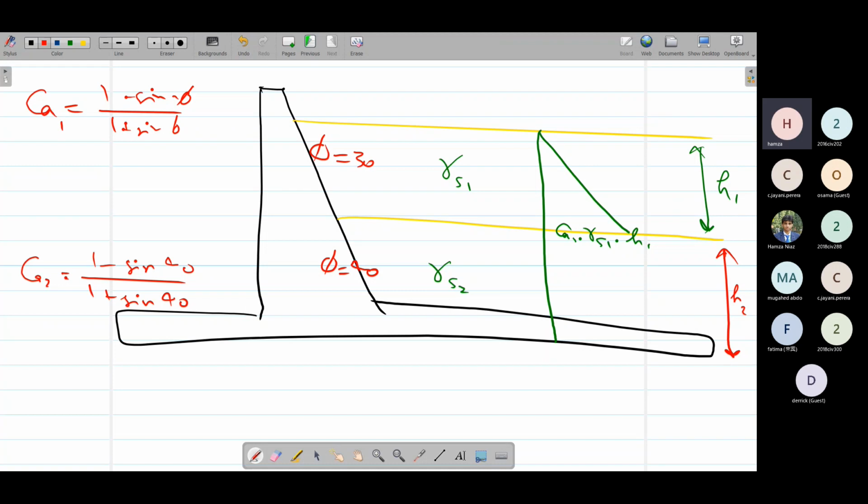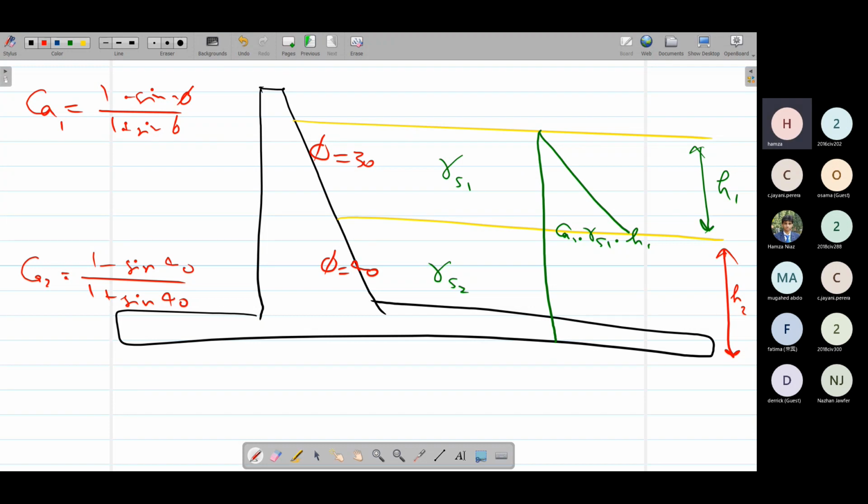Okay, this we have already done in the previous portion like this, as we are going to use this CA1, gamma S1, and H1. Now the second portion is of this second soil. So its ordinate would be CA2 times gamma S2 times H2. We are going to use the ordinates of that layer for that portion.